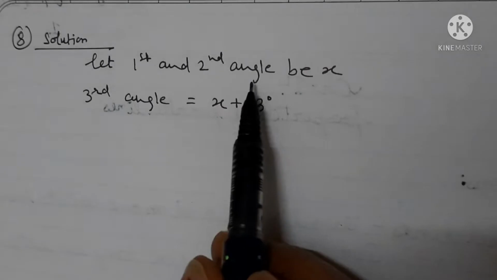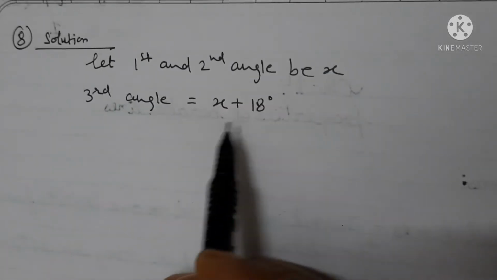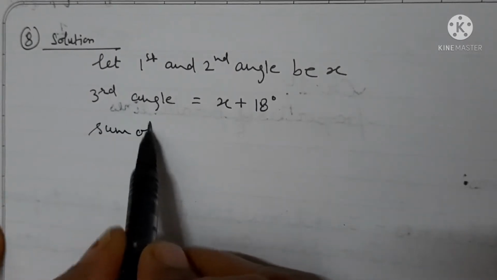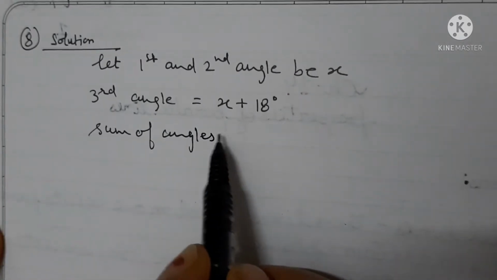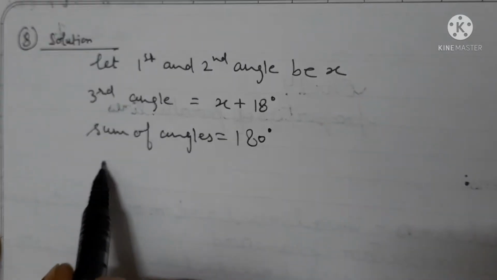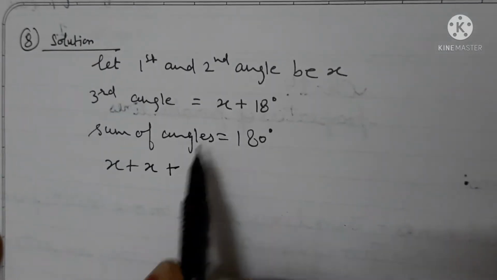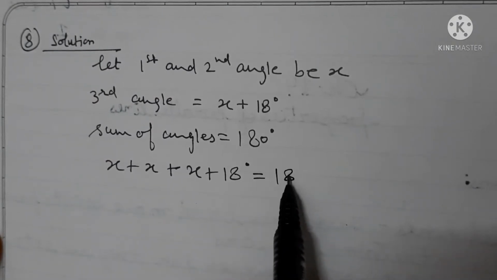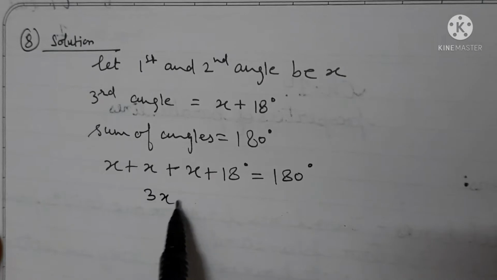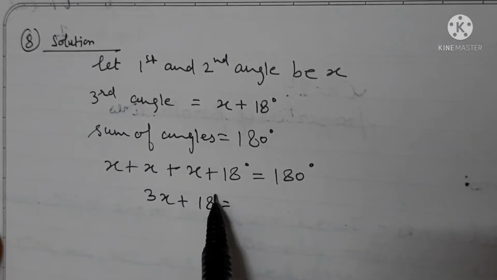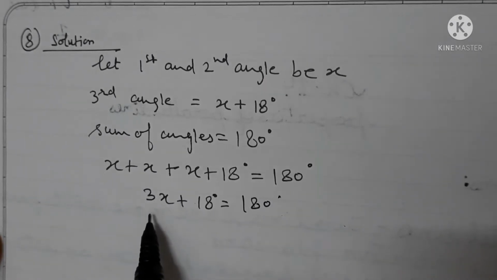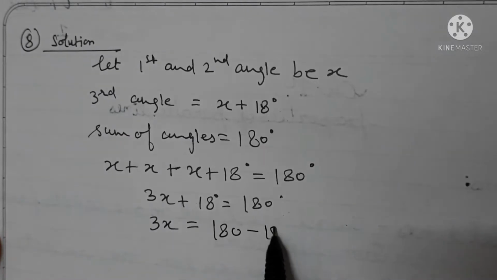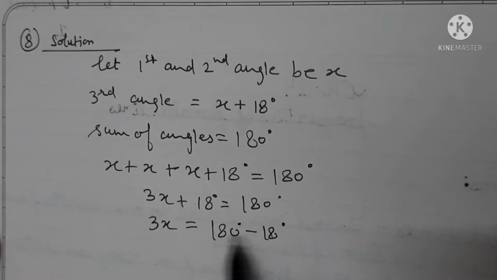So these are the first and second angles, each will be x, the third angle will be x plus 18. Sum of angles is equal to 180 degrees: x plus x plus 18 degrees is equal to 180 degrees, and solve it. 3x plus 18 is equal to 180 degrees, 3x is equal to 180 minus 18 degrees, and solve it.